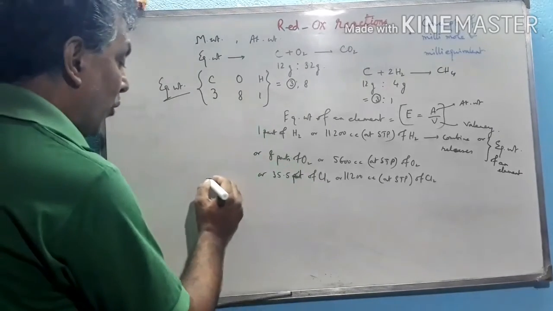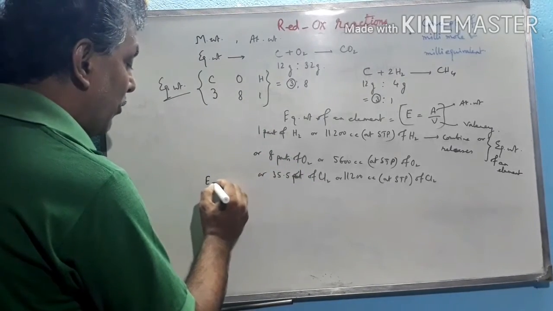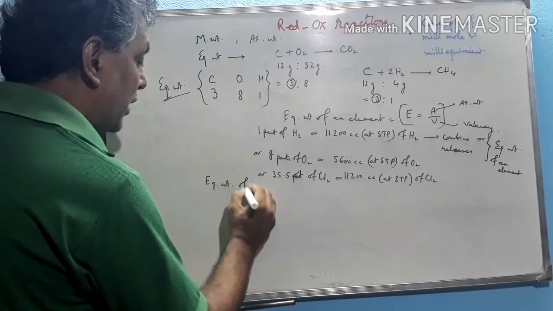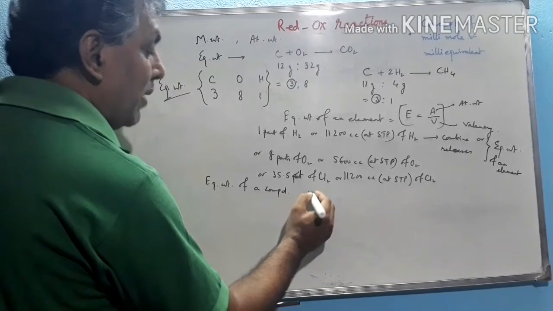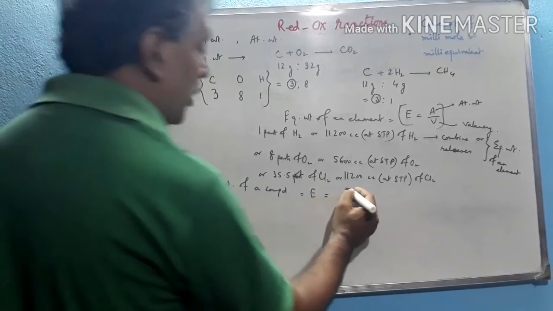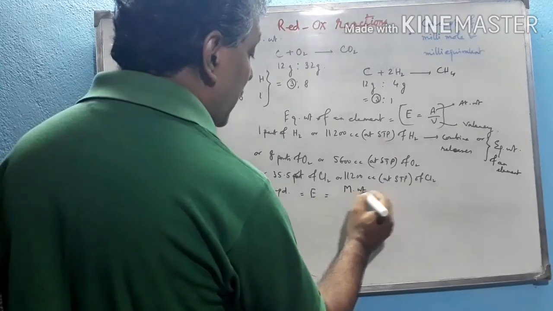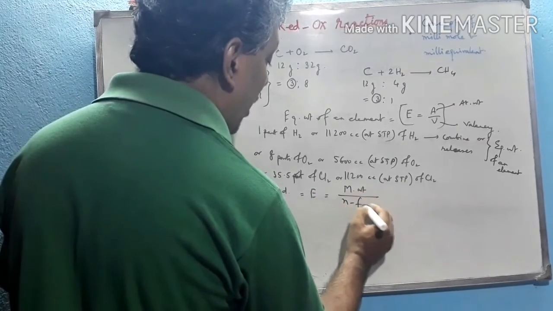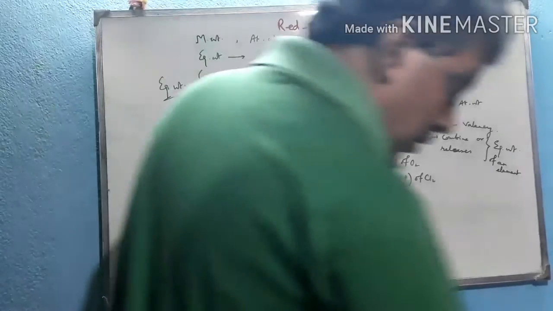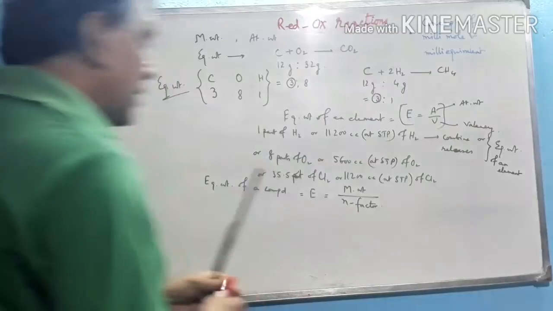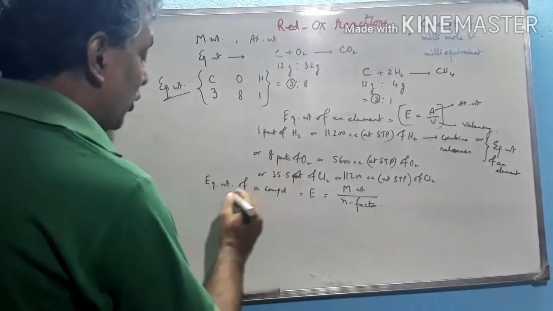Now, if we want to calculate the equivalent weight of a compound, then we use this formula: equivalent weight of the compound equals molecular weight divided by n factor. Now, what is the n factor here? Suppose we have to calculate the equivalent weight of an acid.